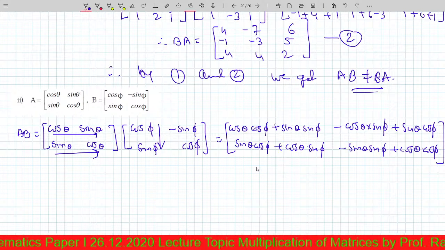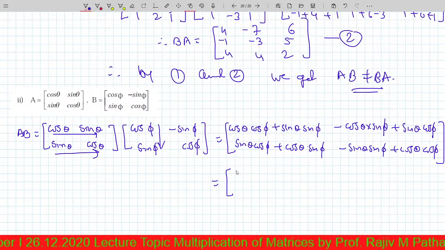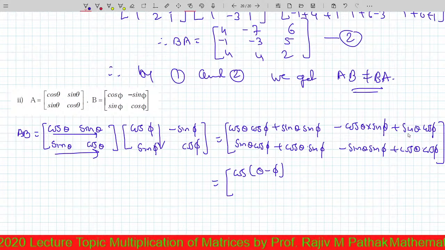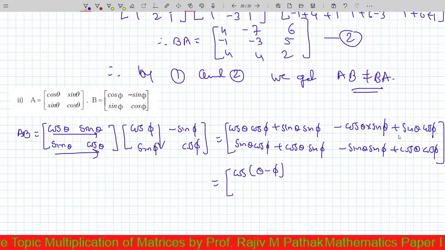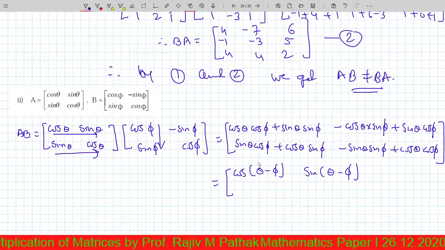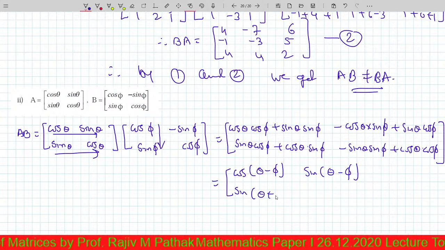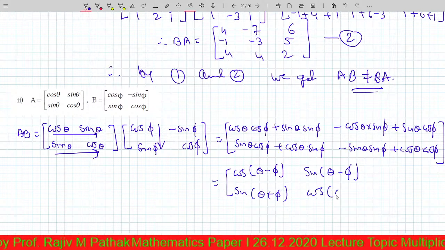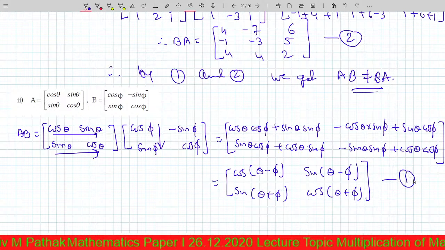We know that cos A cos B plus sin A sin B is cos of A minus B. So using that, we get cos of theta minus phi, and here sin A cos B minus cos A sin B is sin of A minus B, so this is sin of theta minus phi. Similarly here sin A cos B plus cos A sin B is sin of A plus B, so sin of theta plus phi, and here cos A cos B minus sin A sin B is cos of A plus B, that is theta plus phi. So this is first equation.